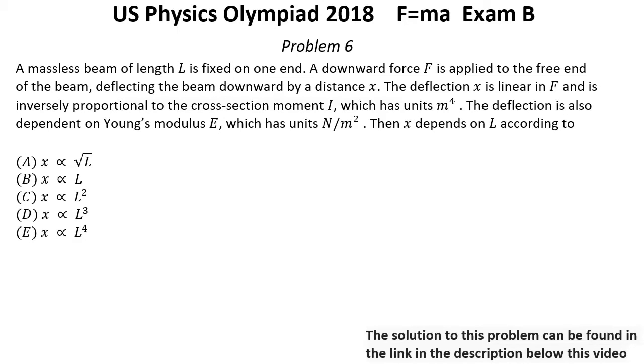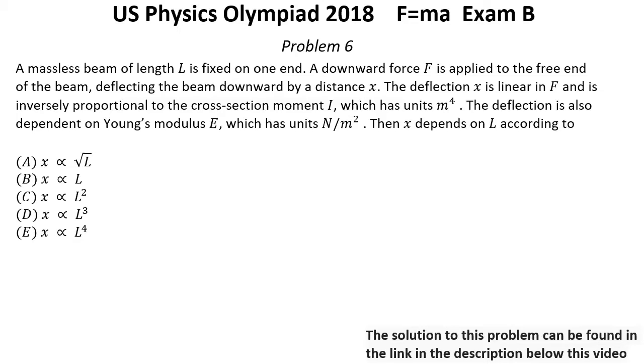Problem number 6. A massless beam of length L is fixed on one end. A downward force F is applied to the free end of the beam, deflecting the beam downward by a distance x.